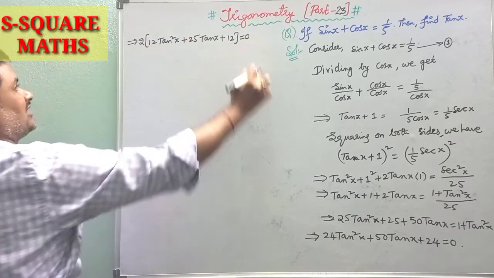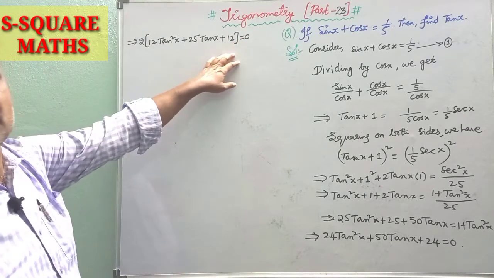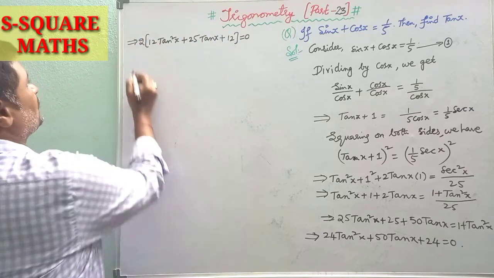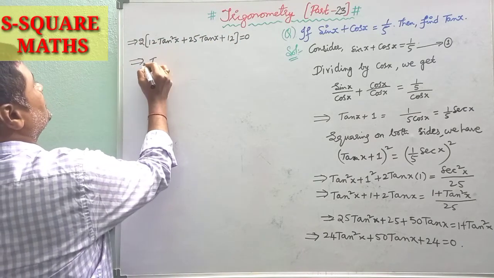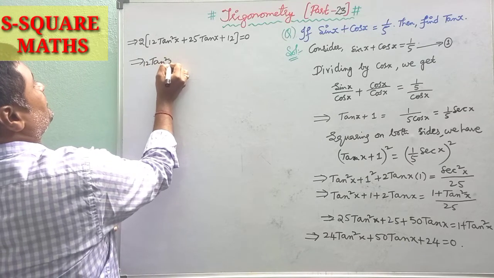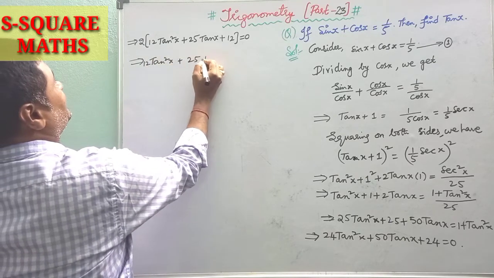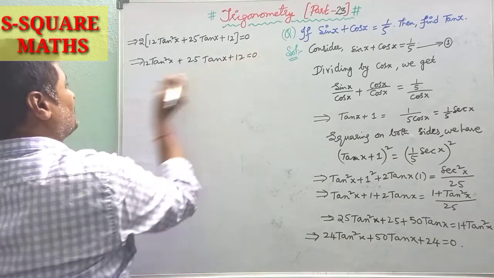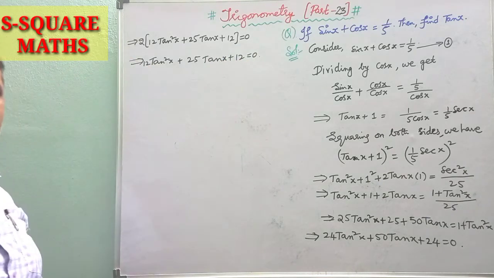Transporting 2 to the RHS, we get 0 divided by 2, nothing but 0. So finally 12 tan square x plus 25 tan x plus 12 is equal to 0. Quadratic equation by the splitting method, no need to fear.